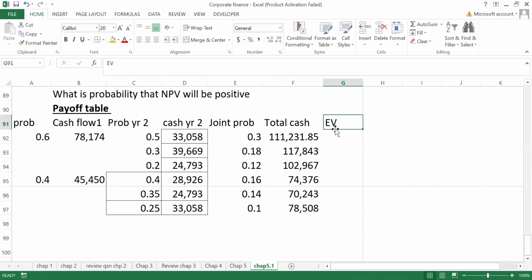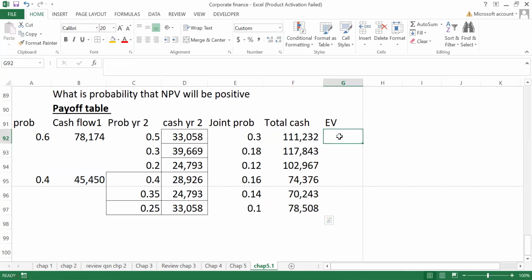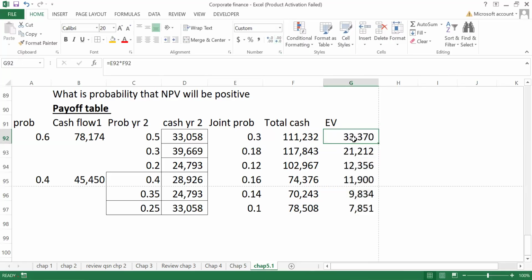Now, your expected values. We are getting the joint probability times the total cash flows. So what do you get as a total expected value? I think it is similar to what we got in the first year when using a decision tree.